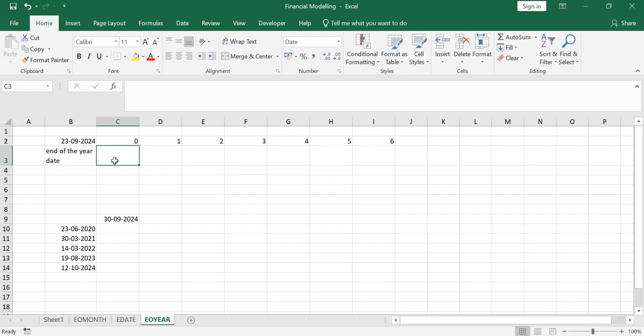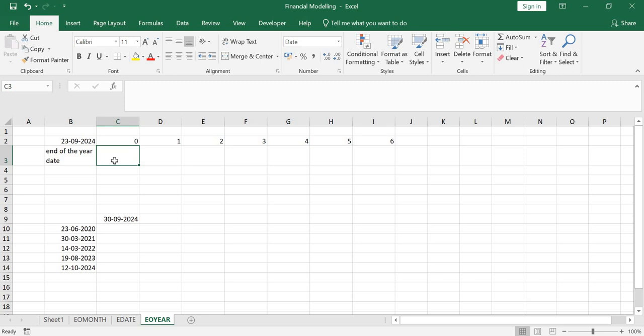But if we are talking about our financial year, it starts from your April and it ends in the month of March. So whenever you are calculating the end of the year date, you should be clear in your minds which kind of year you are calculating. Either you are taking the calendar year or you are taking the financial year.